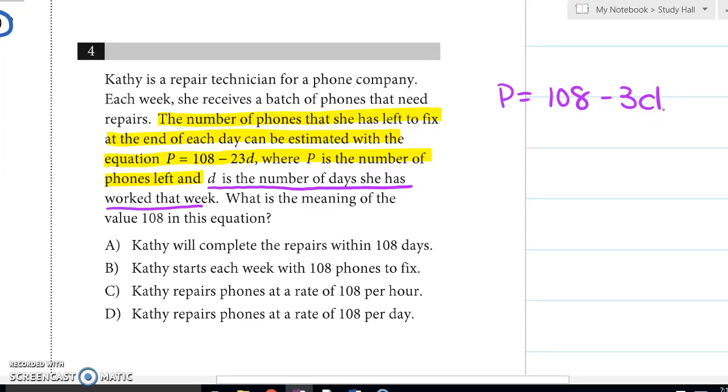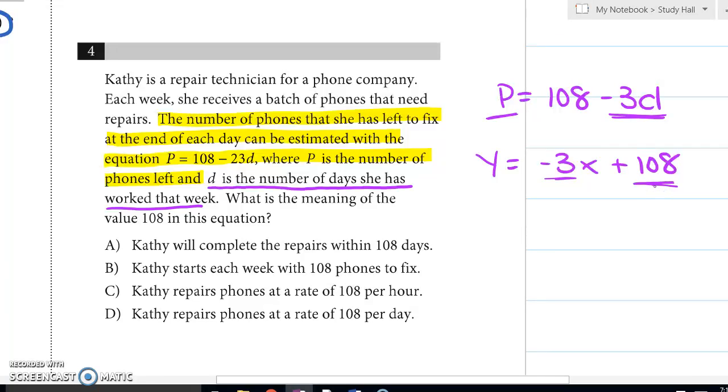And if you'd like to relate this to what you have learned in school, this equation is a linear function where we have an input and an output, an x value and a y value. This is your slope, and that's your output, y. So you could write this as y equals mx plus b. I just changed the x and the y, but you could keep it as P and D. And then you have a slope and a y-intercept.